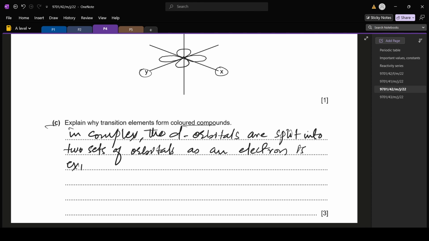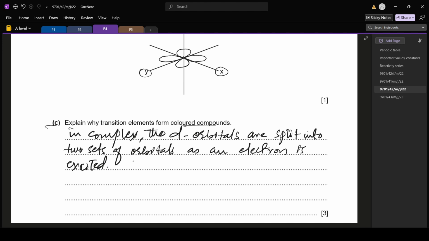As an electron is excited, the d orbital is split into two energy levels, into two sets of orbitals.